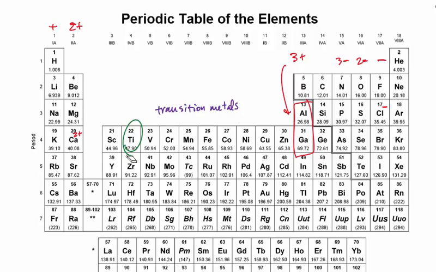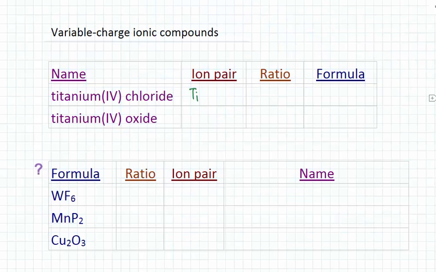We're going to have to figure it out. But the nice thing about being given a name is that here we have the Roman numeral that tells you what the charge is. IV is 4, and since it's a metal, it's 4 plus. Chloride is just always minus. Okay. Those are the ions.